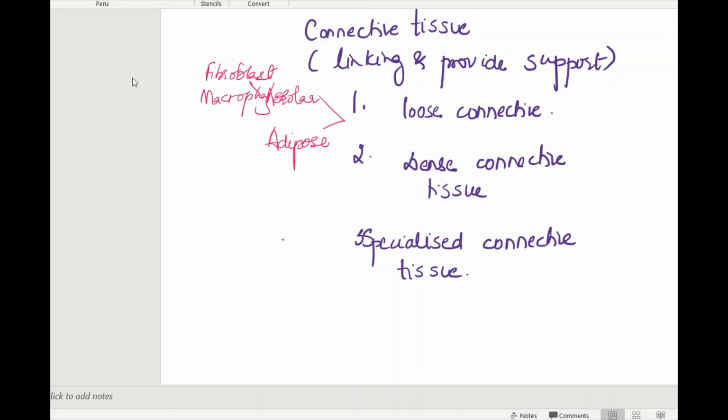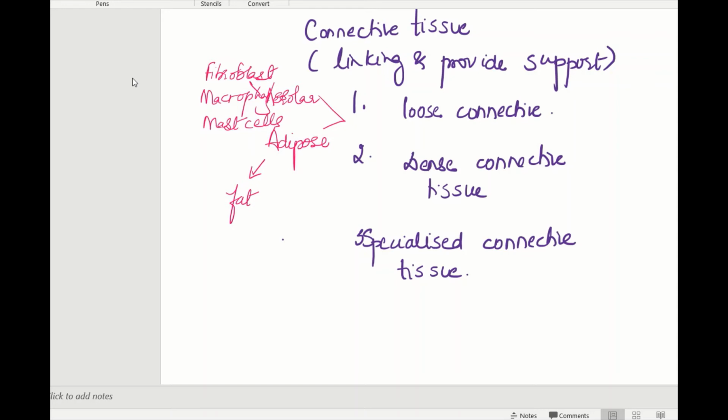That means they eat away the foreign bodies. And the mast cells. So these are the three types of cells that we studied in areolar connective tissue. So adipose, what is the function of adipose? It has large spaces where fat is stored. So adipose tissue will store fat.